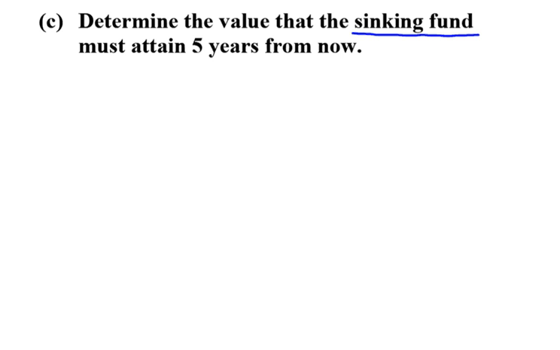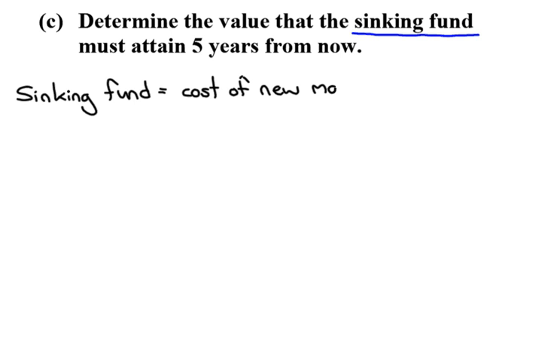Okay, so just a reminder, what we need in our sinking fund, we take the cost of a new machine, and we take away what we will get. In other words, its scrap value.